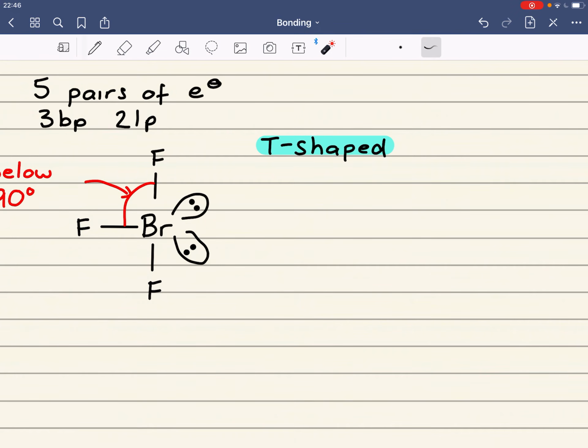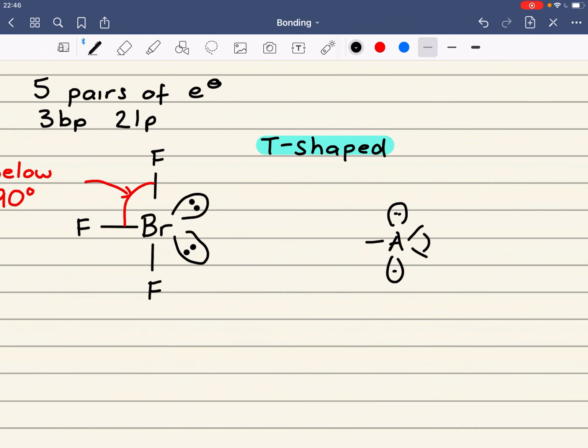You may think, well, you could argue, if you've got a trigonal bipyramidal shape, why couldn't these be in the lone pair position, and as such you would then have a bond angle of maybe just less than 120.